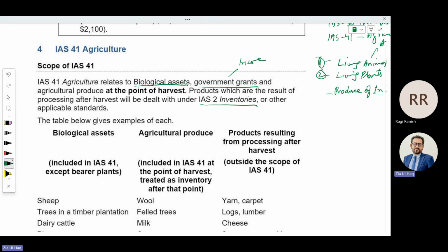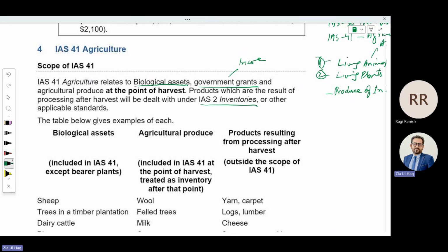You're having different animals that are agriculture assets. But you are selling the meat of those animals, so that meat will be inventory. Is that fine? Are there other applicable standards?